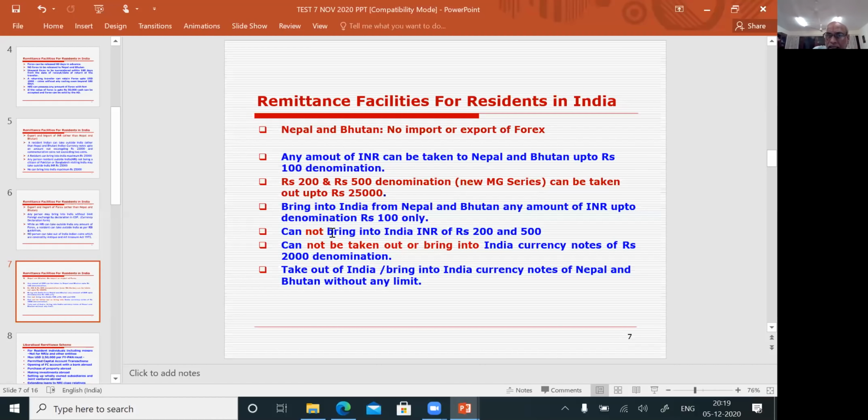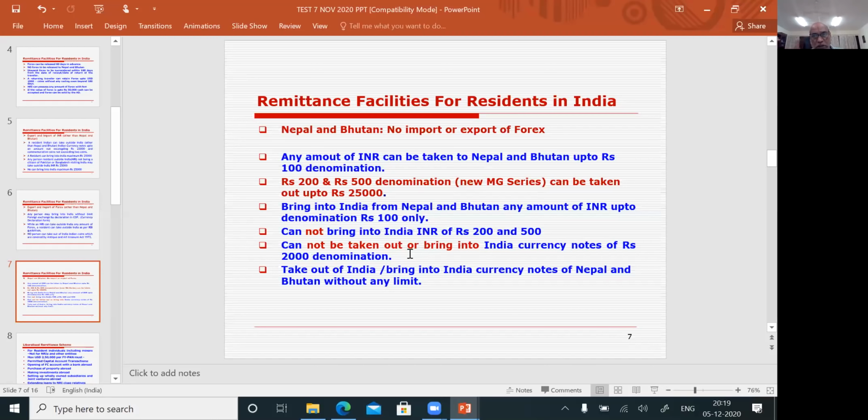That's why I put here, cannot bring into India Indian rupees of 200 and 500. Similarly, the 2,000 rupee note, you cannot bring even a single piece from Nepal and Bhutan. So currency notes of 2,000 denomination cannot be taken out or brought into India.